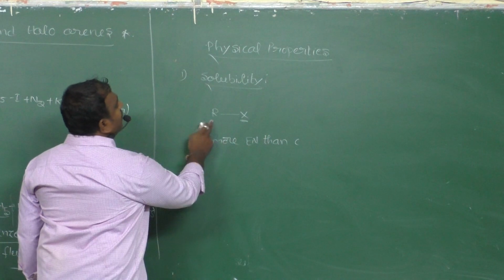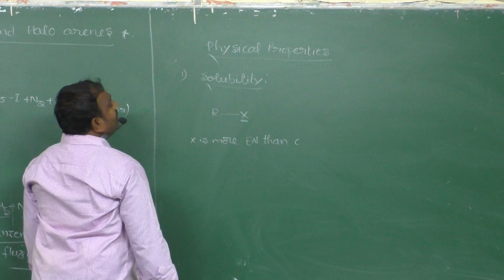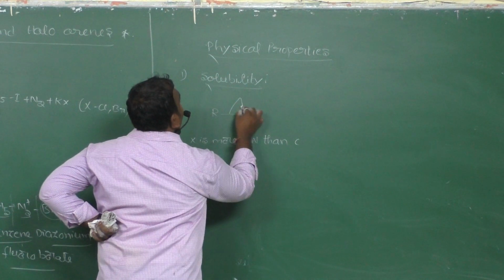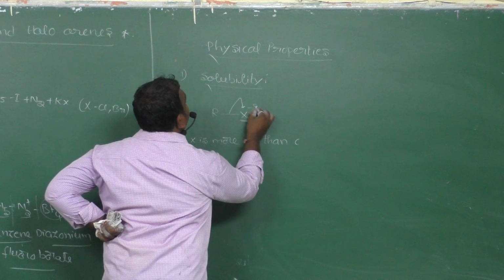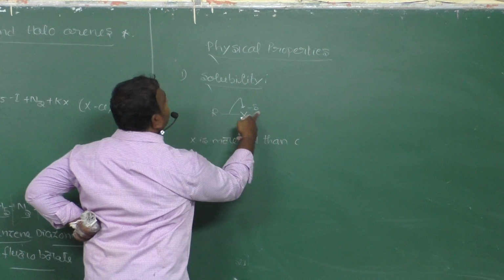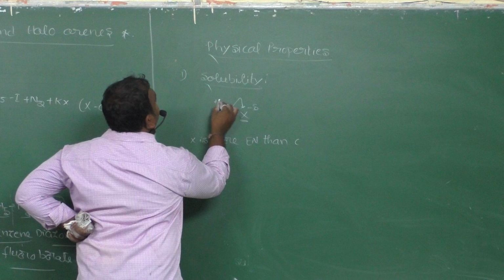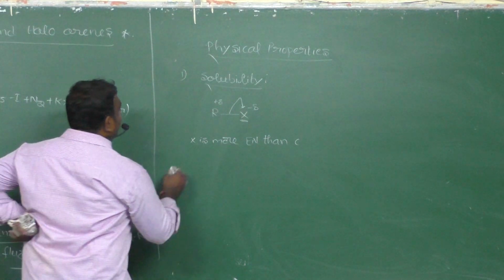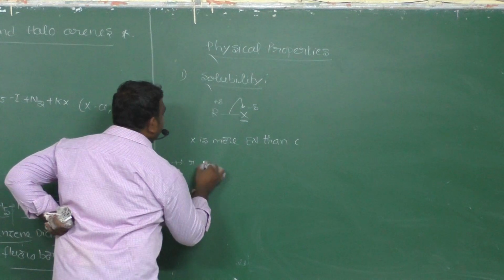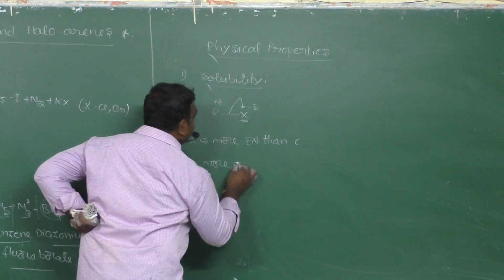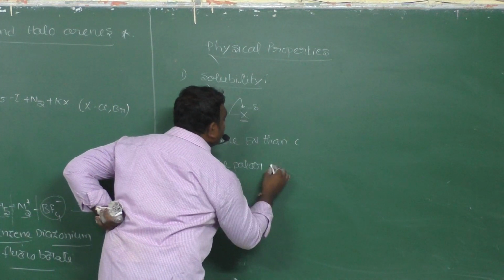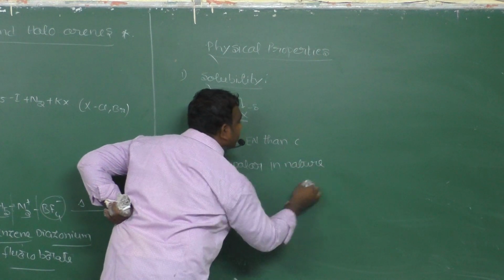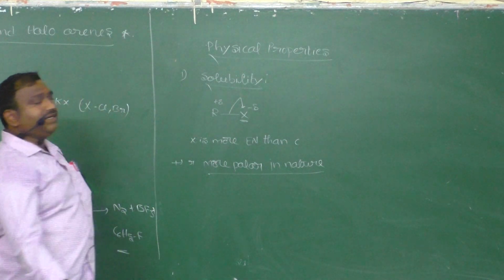Due to the large difference in electronegativity of C-X in alkyl halides, it attracts the bond pair towards itself. As a result, it gets partial negative charge and carbon gets partial positive charge. So, alkyl halides are more polar in nature.